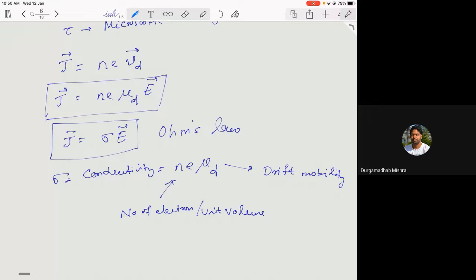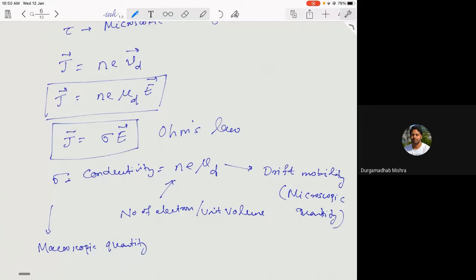So this sigma, the conductivity that you normally measure in a lab, or the resistivity that you measure, is a macroscopic quantity which is related to your mu D, the drift mobility, which is a microscopic quantity, because it is related to the drift of the electron.